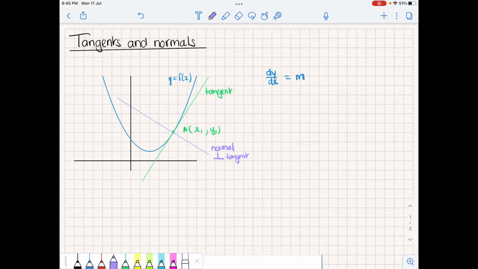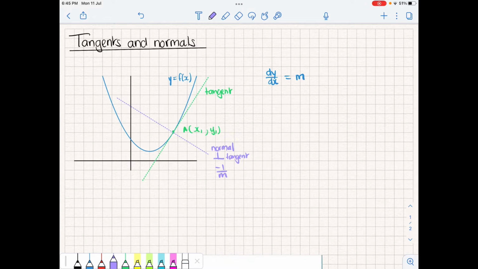And so a line that is perpendicular has a gradient that is exactly the reciprocal and also the negative. So it would be -1 over whatever the gradient was for the tangent.